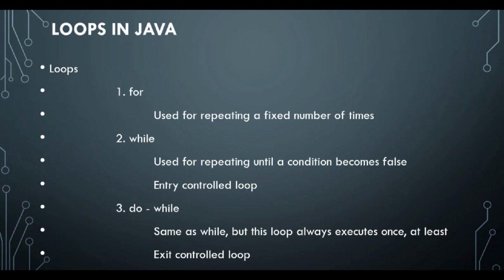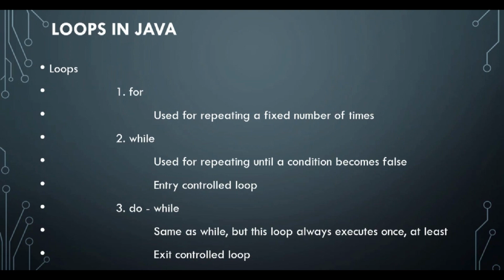The second is a while loop. While loop is basically used for repeating until a condition becomes false. Now I don't know when I start the loop how many times this loop is going to work. For example, there are people entering a theater, I am counting them, and I will end the count when there is nobody else coming into the theater.